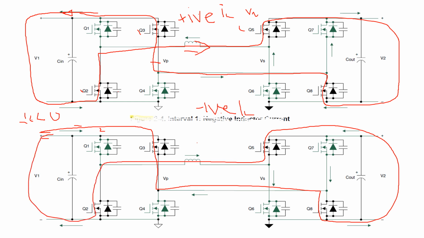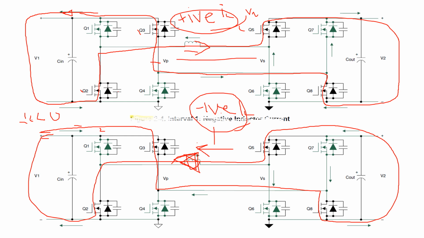So this is basically the movement of the current in interval 3. That is the negative IL and this is the positive IL. One very important thing is to look at the direction of the inductor current. When the inductor current moves from the secondary towards the primary side, we have negative. When it moves from the primary towards the secondary side, we have a positive inductor current.